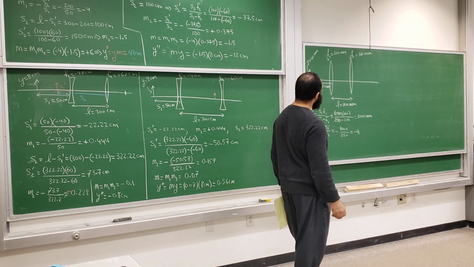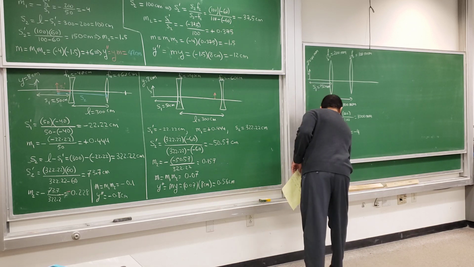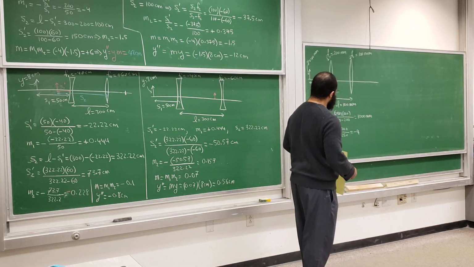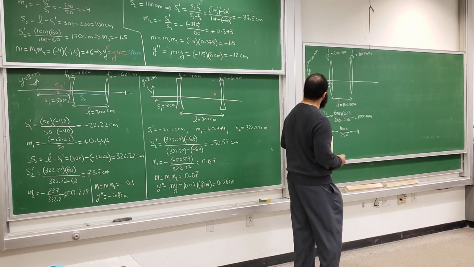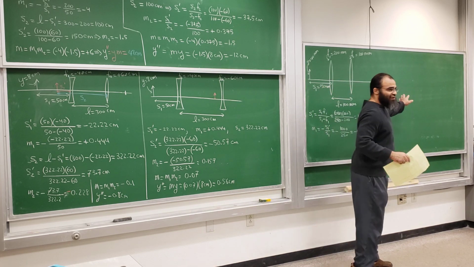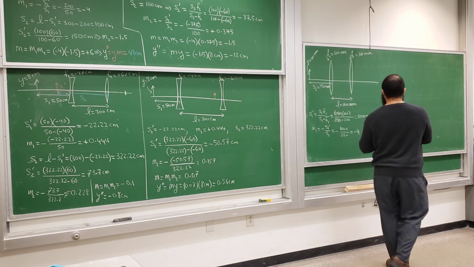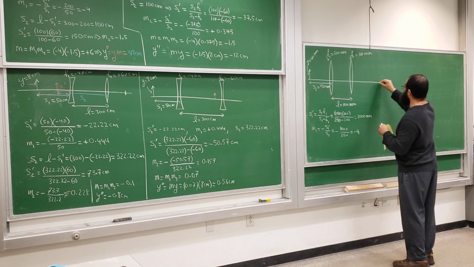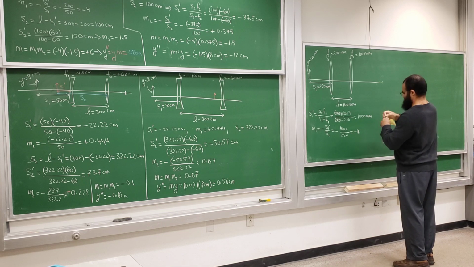All right, let's figure out where that image is. We said it's going to be 1,000 millimeters. So where is 1,000 millimeters? It's 1,000 from here, right? So the image is going to be somewhere here.